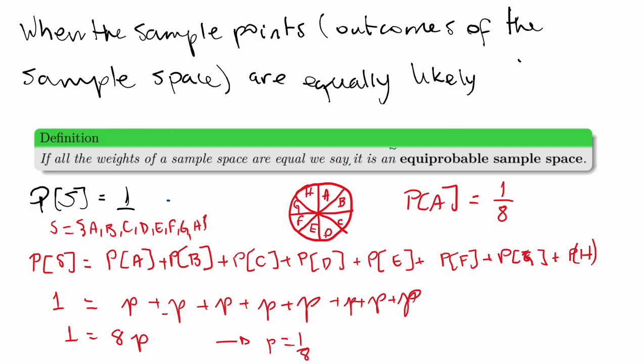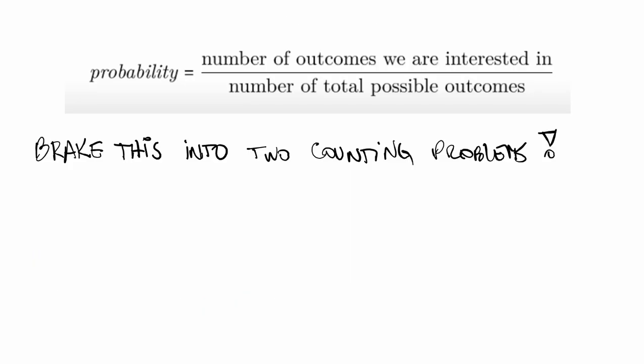This is a consequence of being in an equiprobable space. The probability will always be the number of things you're interested in over the total. Just like the pizza. I'm interested in piece A. Well, it's 1 piece amongst 8 possibilities. And that's the rule of probability.